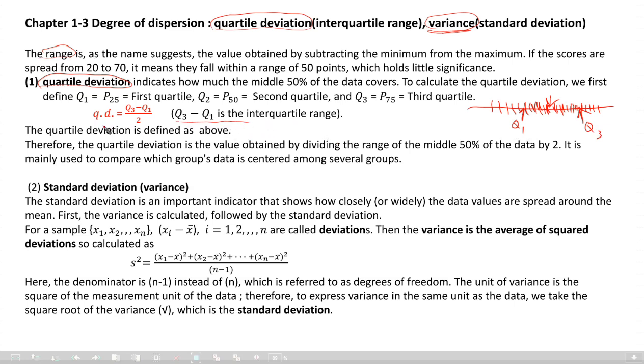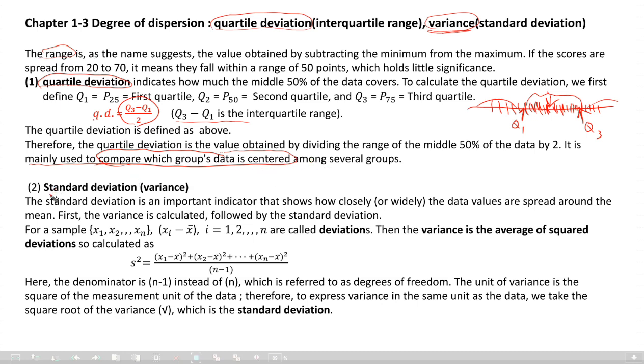Quartile deviation is QD, Q3 minus Q1 divided by 2. There is 50% of data in this range, 25 here, 25 here, right? Quartile deviation is the value obtained by dividing the range of the middle 50% of data by 2. It is mainly used to compare which group's data is centered among several groups.